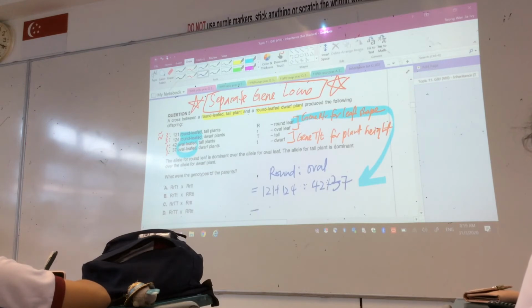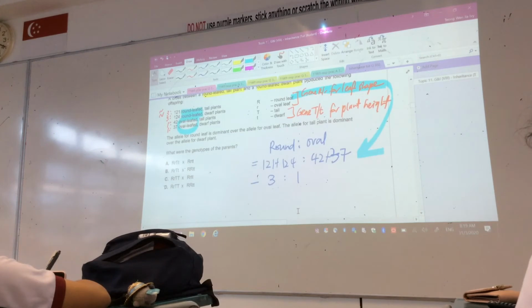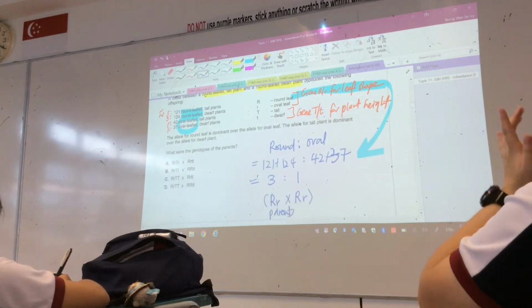The ratio is about 3:1. Now, based on the ratio, what do you expect the parents to be? Heterozygote crossed with? Good. So heterozygote parent crossed with heterozygote parent to give you this ratio 3:1.